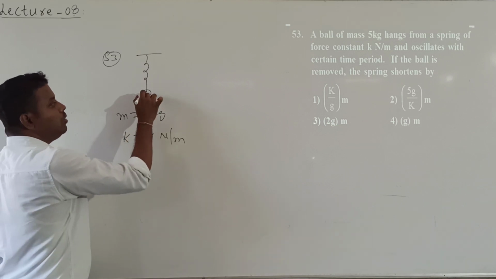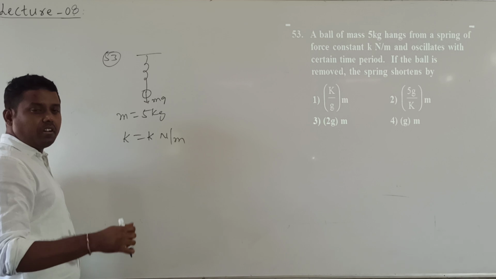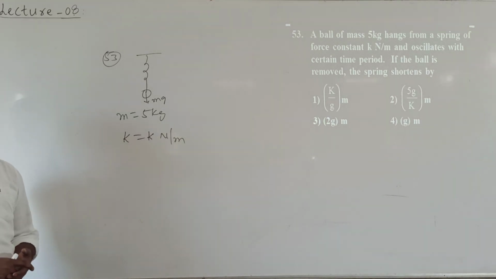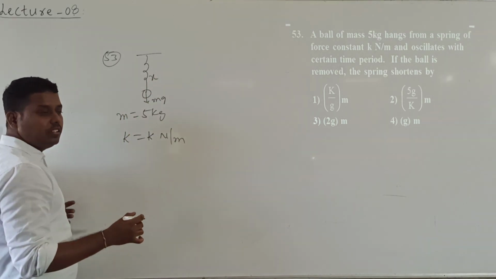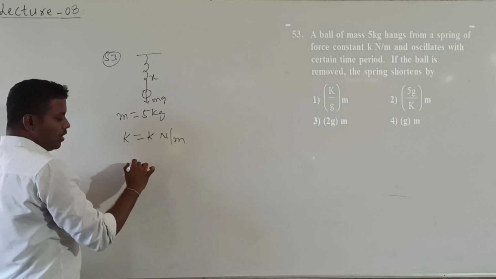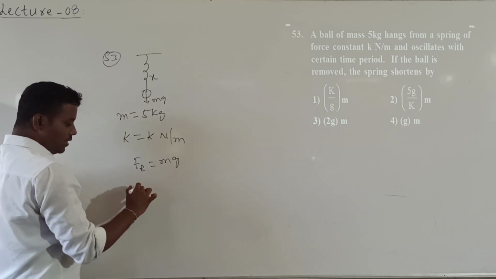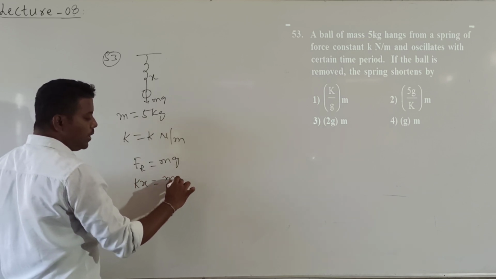Now actually what happened? The weight of the ball mg acts. Because of the weight of the ball, the spring will be elongated by a distance, let me call it x. So in equilibrium, the restoring force is balanced by the weight. The restoring force is kx, and the weight is m into g.